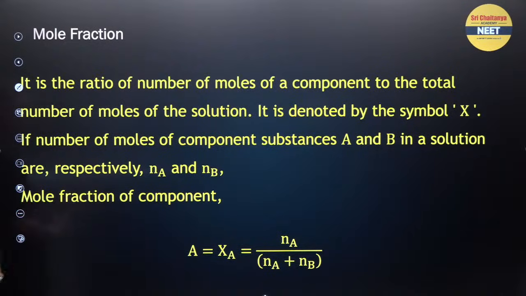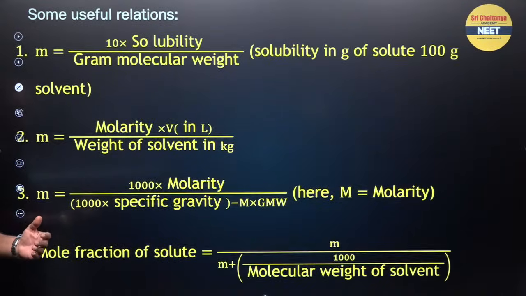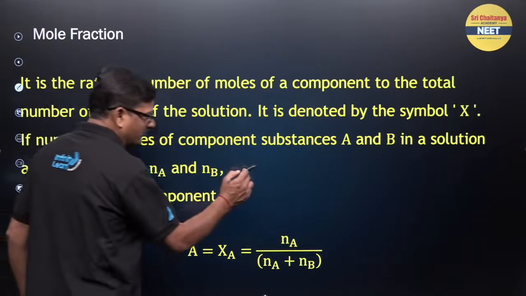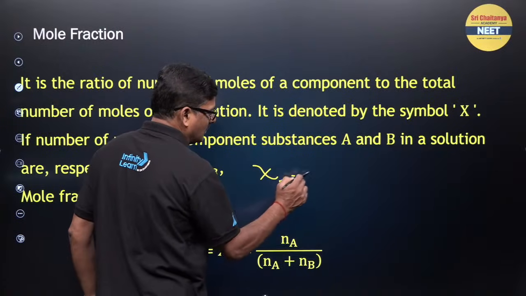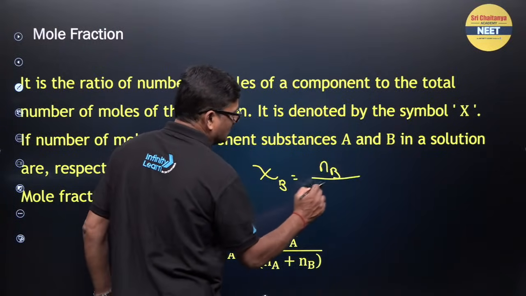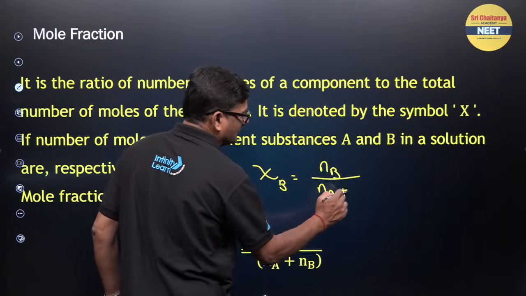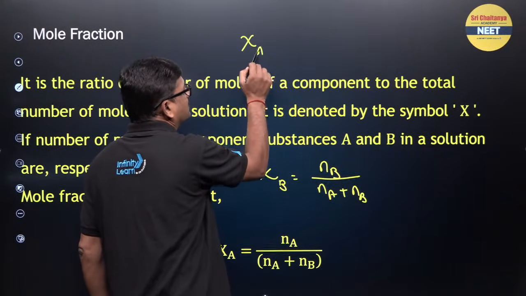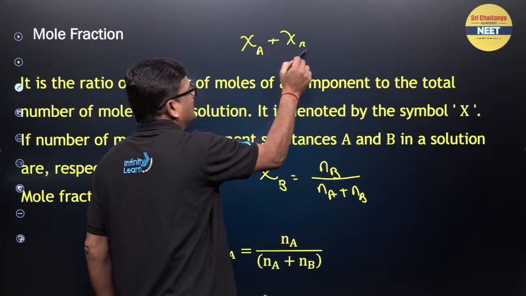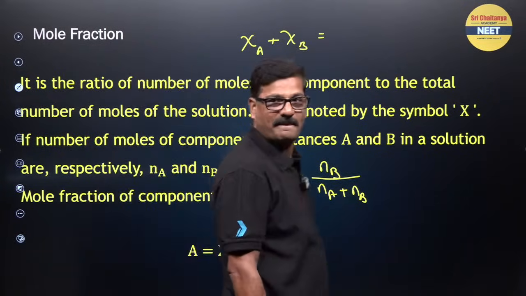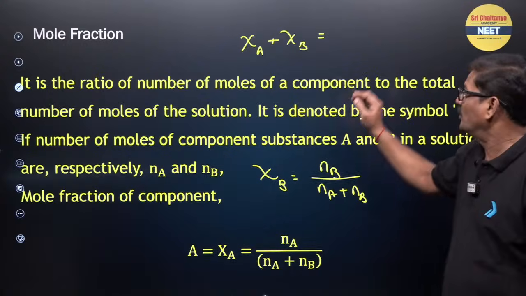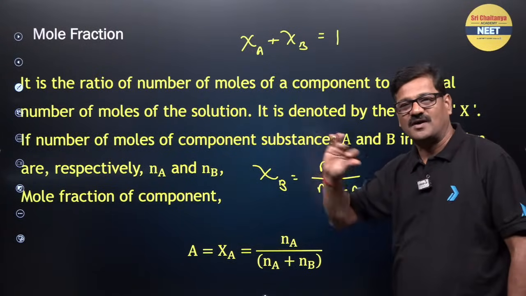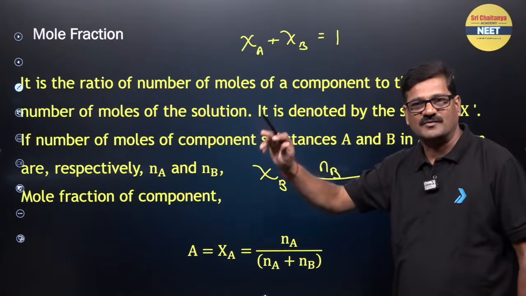Similarly, the mole fraction of B is Nb upon Na plus Nb. And if mole fraction of A plus mole fraction of B is summed up, you are going to get unity. Sum of the mole fractions of all components is going to be 1.